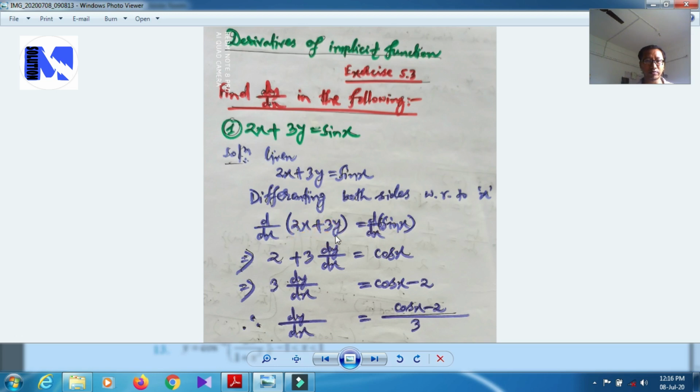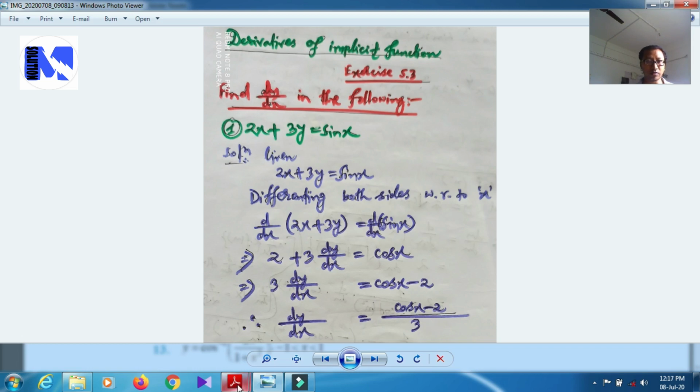These two functions we differentiate by using the algebra of differentiation. Differentiation of 2x is 2 and 3y is 3 dy by dx. Differentiation of sin x is cos x. Then bring this 2 to this side: cos x minus 2 equals 3 dy by dx. So dy by dx equal to, 3 will go down, cos x minus 2 by 3. Is it not very simple?